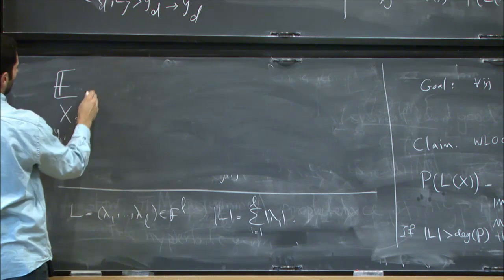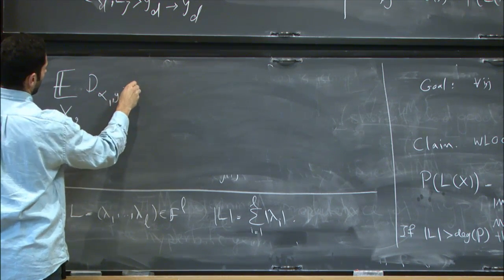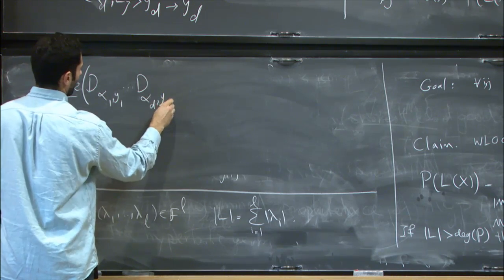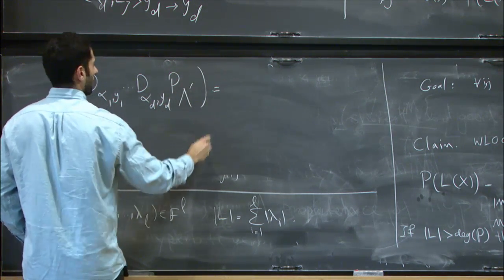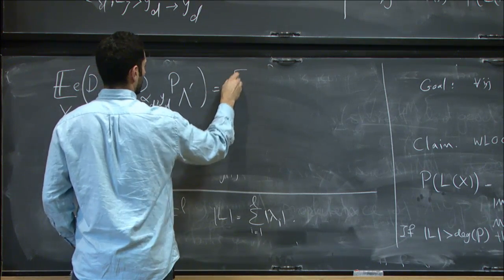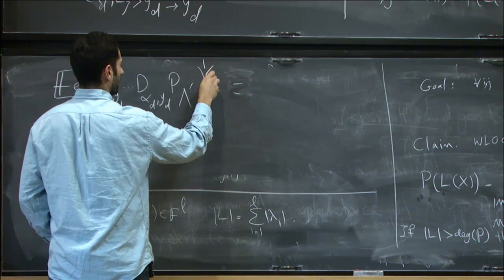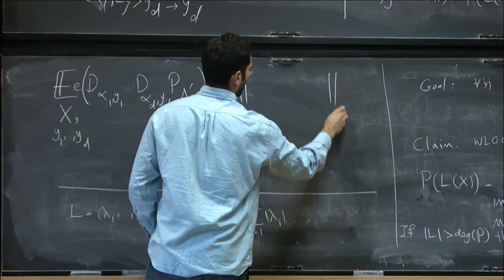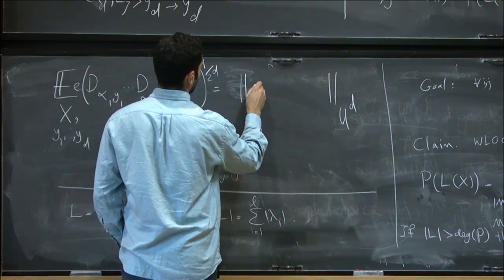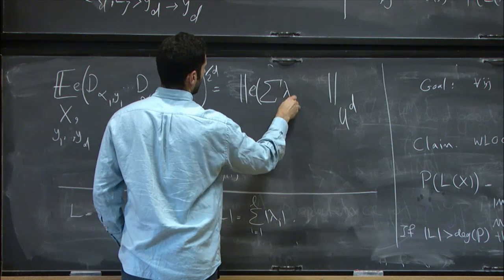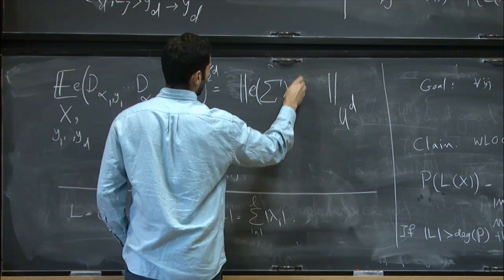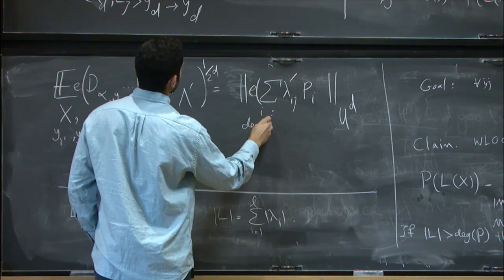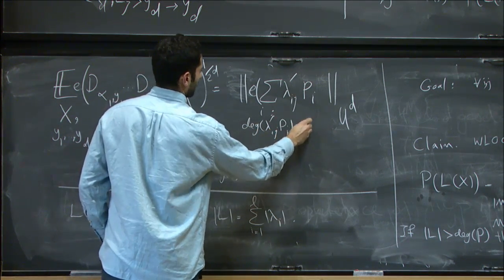yd of, if I also normalize it by 2 to the d, this is going to be exactly, under this transformation, the Gowers UD norm of E of sum of lambda I j prime of pi, where I is such that the degree of lambda I prime j pi is equal to d.